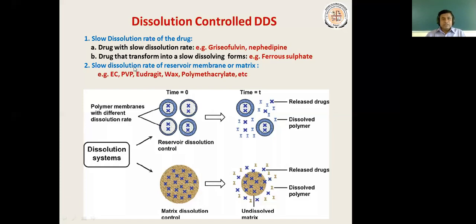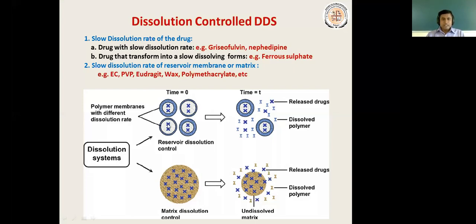The next one is the slow dissolution rate of a reservoir membrane or the matrix. We can formulate controlled drug delivery systems that depend on the dissolution rate. Either we can prepare reservoir systems or matrix systems. See here, this is the first category, the dissolution rate controlled drug delivery system formulated on the basis of reservoir systems.